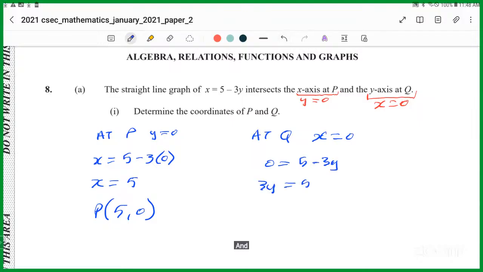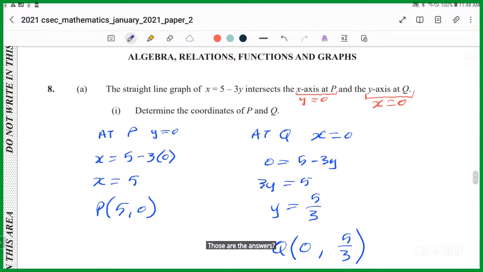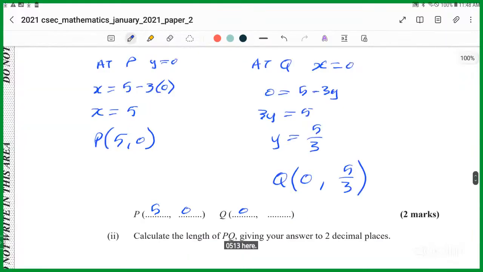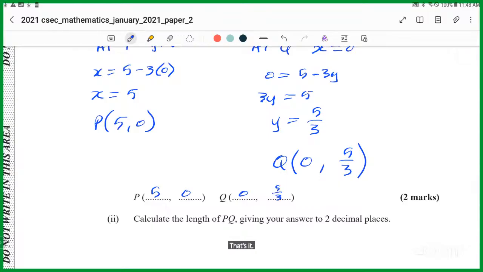Then you divide by 3, so you get y equals 5 over 3. So at the point Q, the x value is 0 and the y value is 5 over 3. Therefore, Q is the point 0, 5 over 3. Those are the answers, so I want to put the 5, 0 here and the 0, 5 over 3 here. That's it. Are you okay with that?